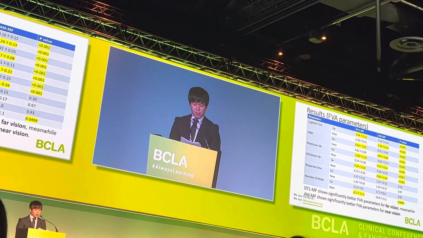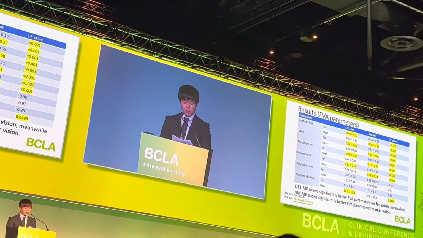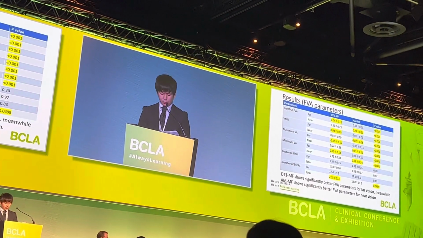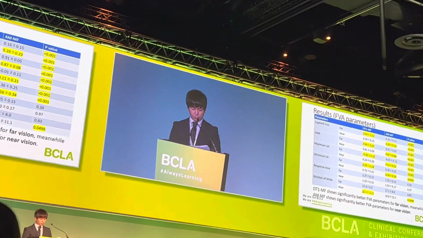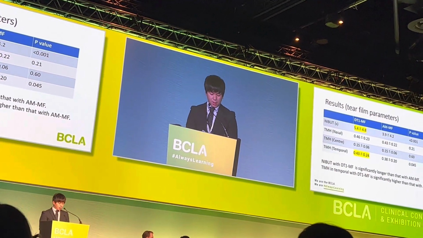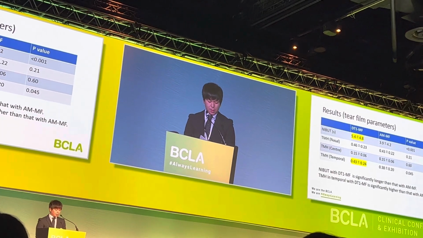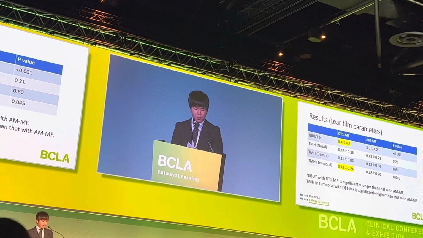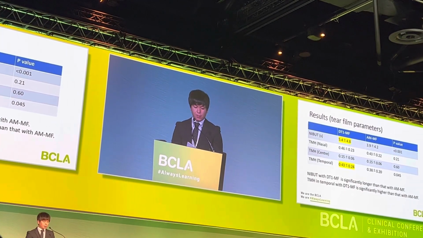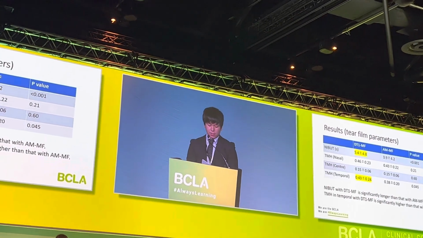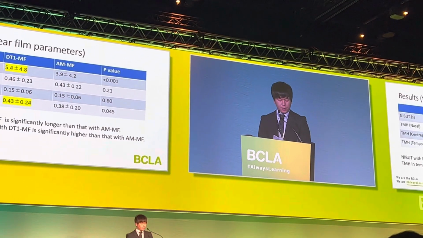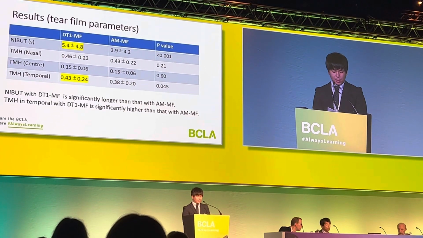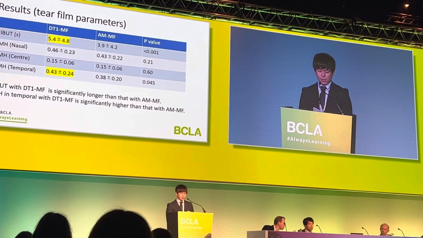Meanwhile, AMMF shows significantly better FVA parameters for near vision. Result of lens wettability and tear parameters. According to this table, NIBUT with DT1MF is significantly longer than that with AMMF. TMH in temporal with DT1MF is significantly higher than that with AMMF.